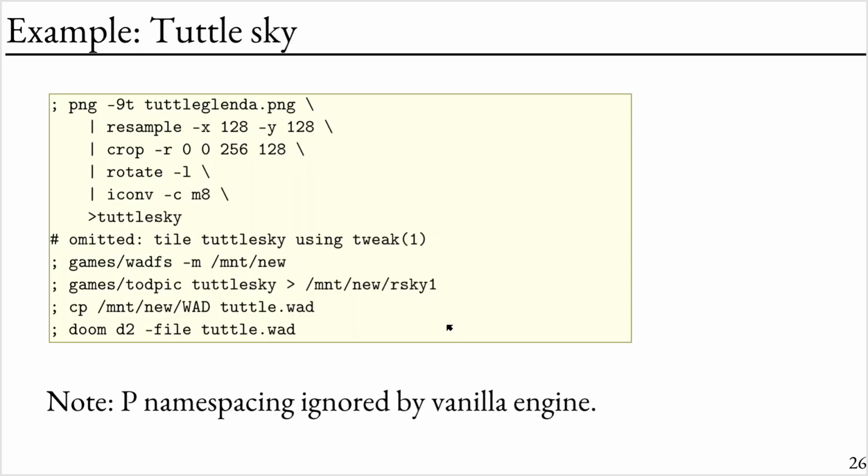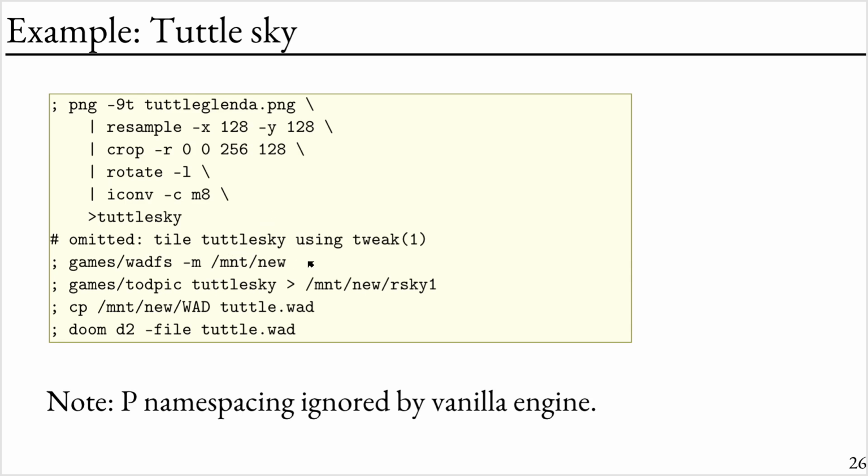So as an example, and I won't go through the whole process, here's how, for instance, we can change the sky texture. Taking some picture, we just have to resize it, crop it, rotate it. We have to change it to CMap 8 format.